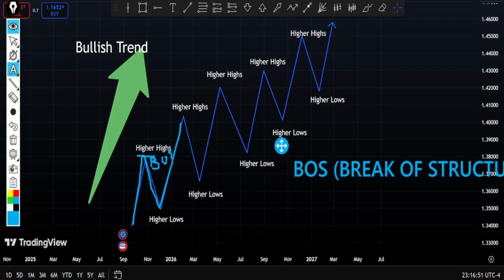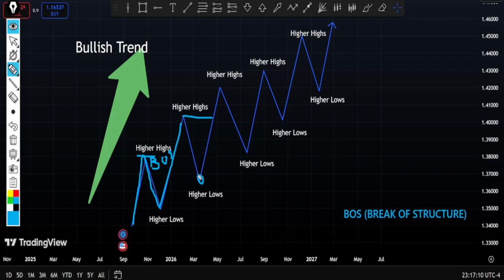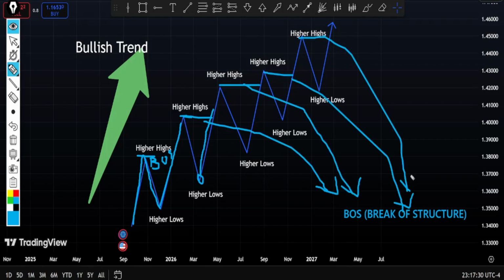Once price moves from the higher lows and breaks this previous swing, it is a break of structure. Same thing here, and here, and here. So once the market is breaking a series of swings and making new highs, that is breaking of structure.